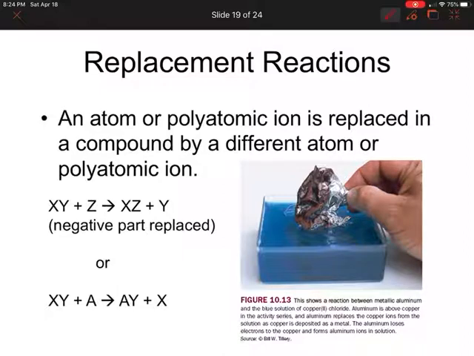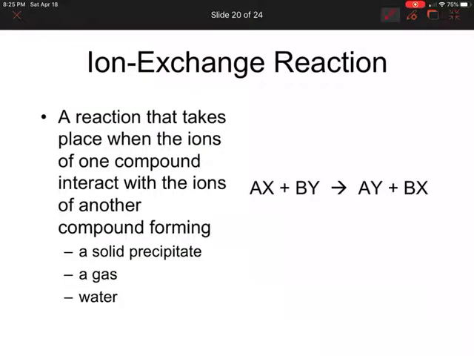So this aluminum kind of breaks up into this, and you can kind of see that the copper attaches itself to this a little bit, on this aluminum here. So it's replaced. And then you've got this ion exchange reaction, which is where, like I said before, they just exchange ions.